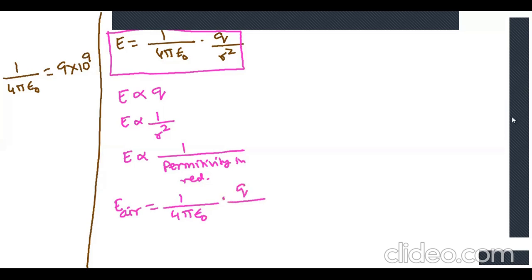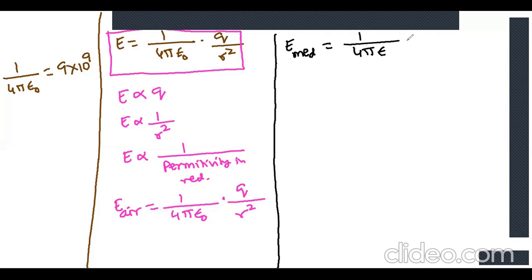If the same system is kept in a medium, the electric field in the medium we can write as 1 by 4 pi epsilon times Q by R square.